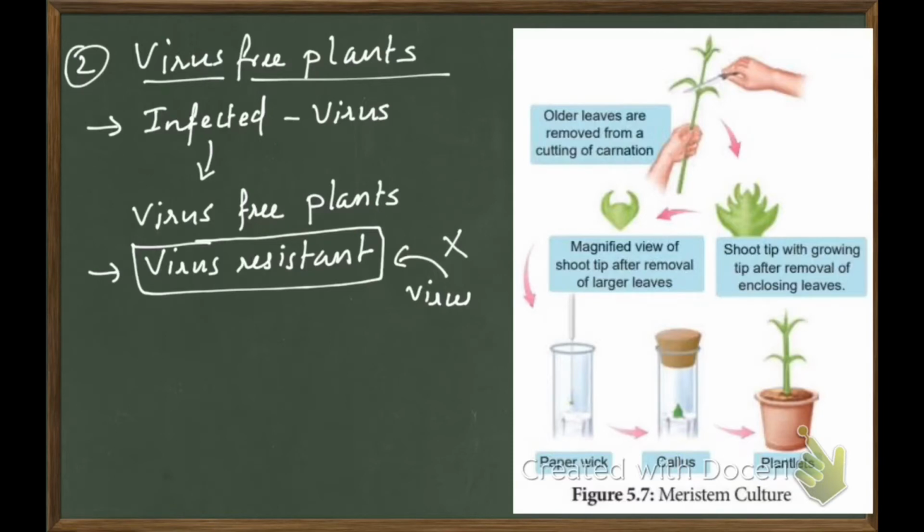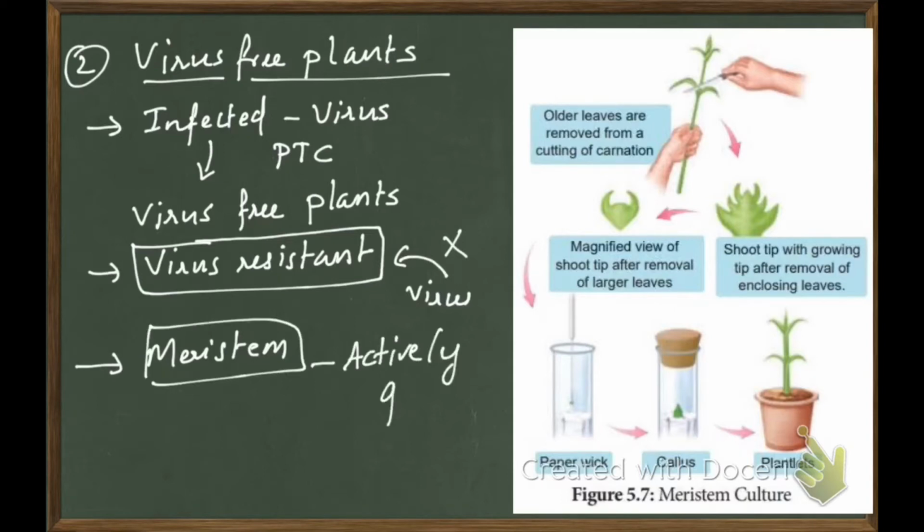Virus free plants are those plants which are produced from a virus infected plant through plant tissue culture. You know meristem. Meristem is the tissue where virus is least preferred, because meristem is actively growing, actively dividing, okay, and very active.